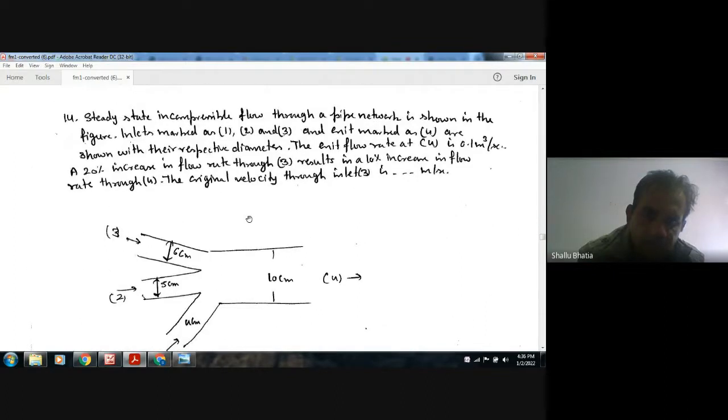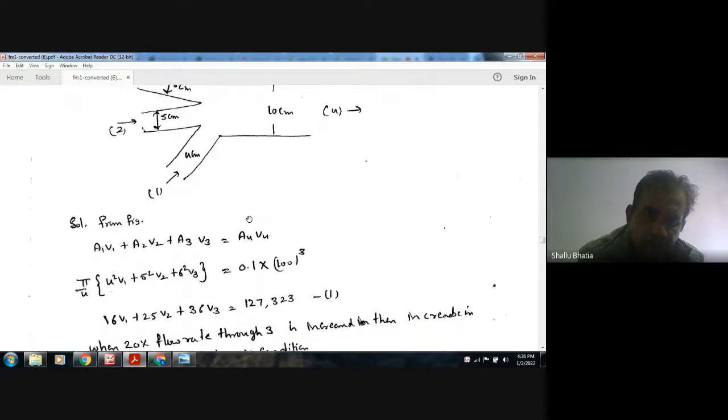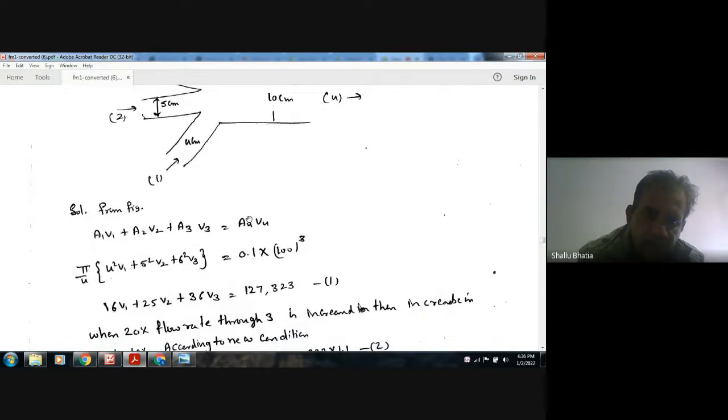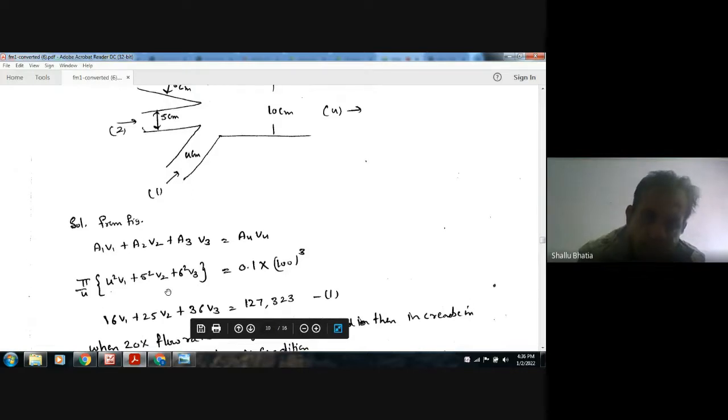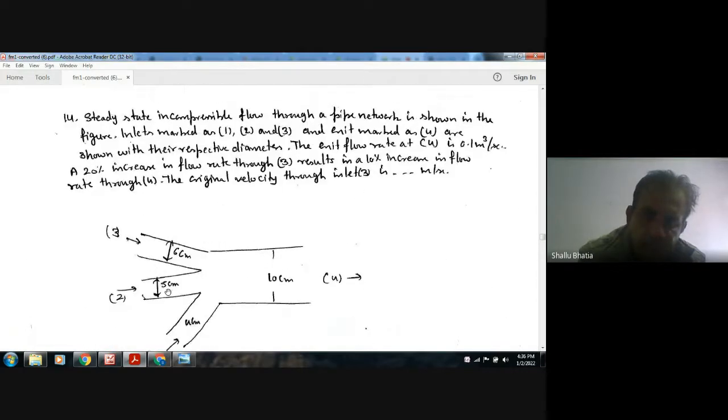The exit flow rate is, oh sorry, here the diameter has been taken in centimeter scale. Okay, so yeah, 0.1, sorry, this has been converted into centimeter cube per second.